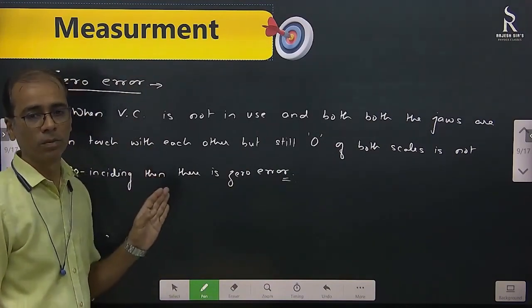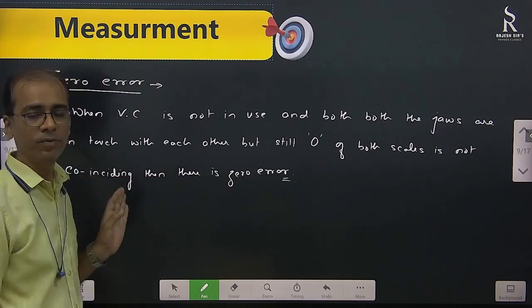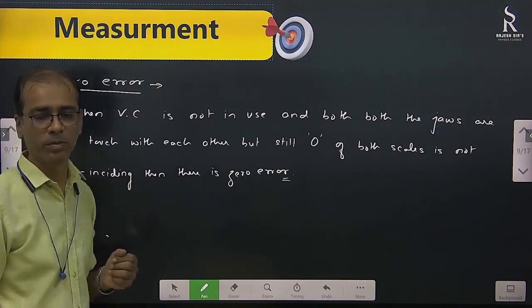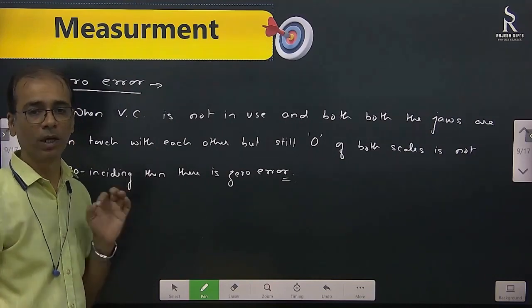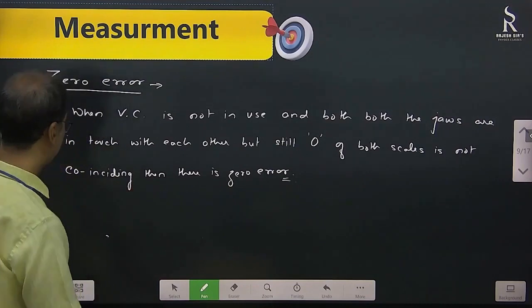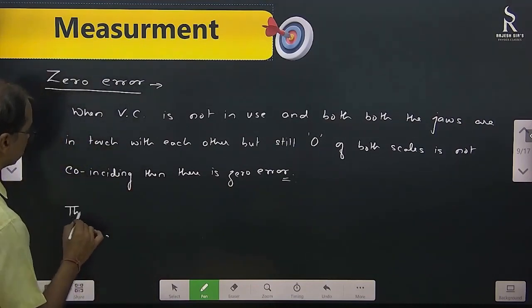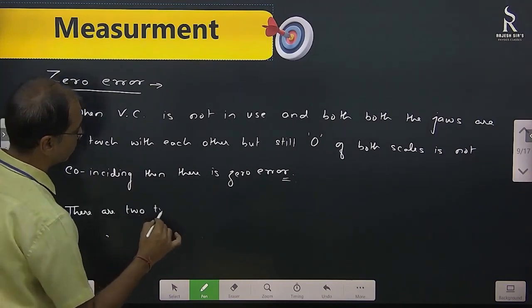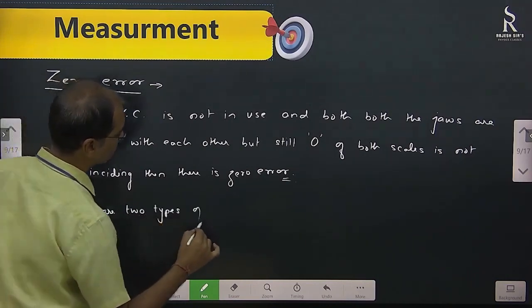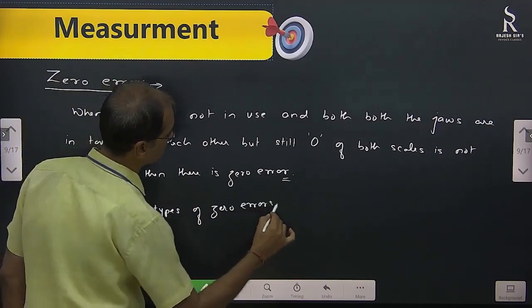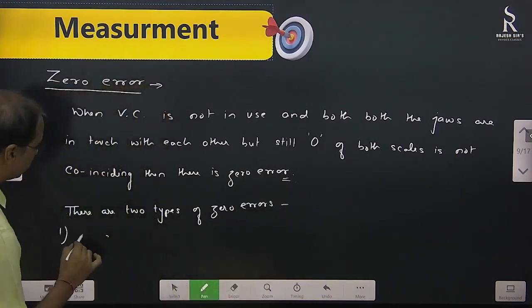What happens is the Vernier scale zero will be either on the left of the main scale zero or on the right of it. Both are possible. So that's why there are two types of zero errors: positive zero error and negative zero error.